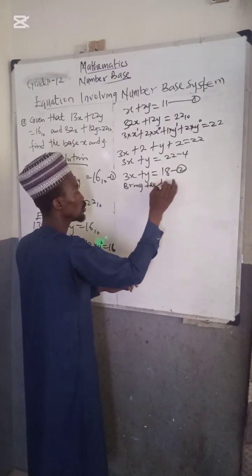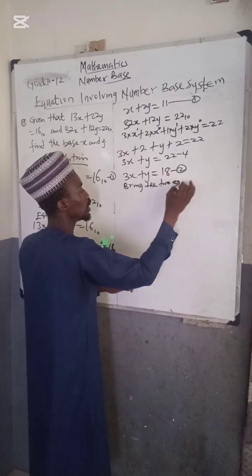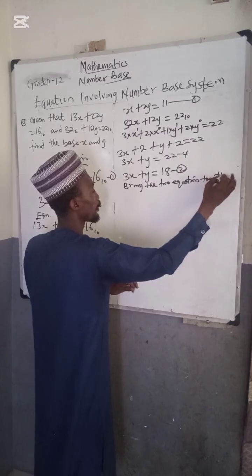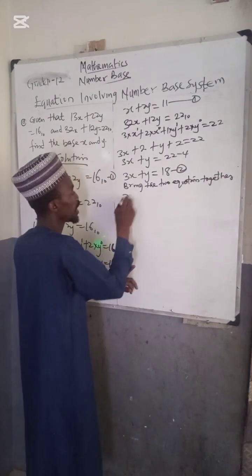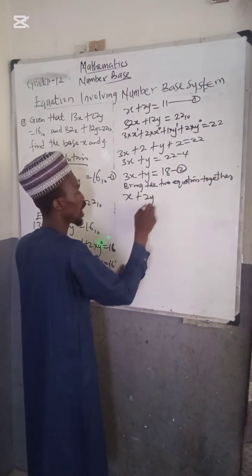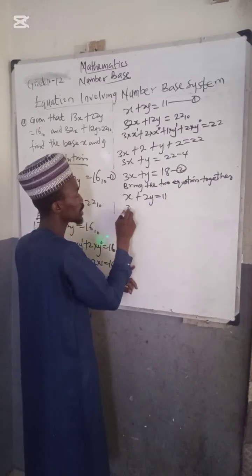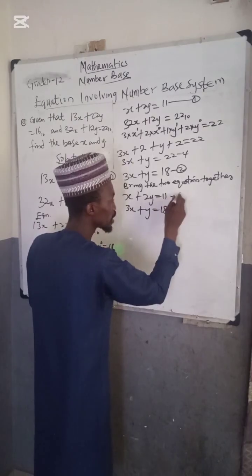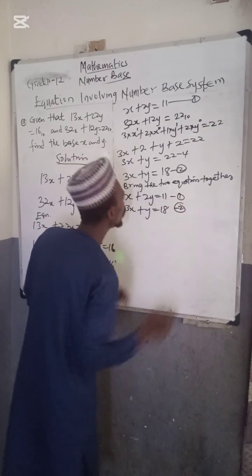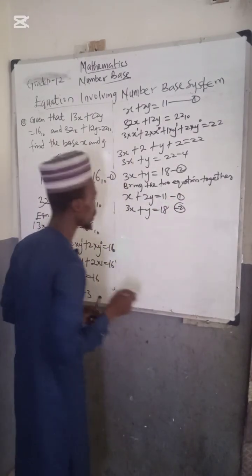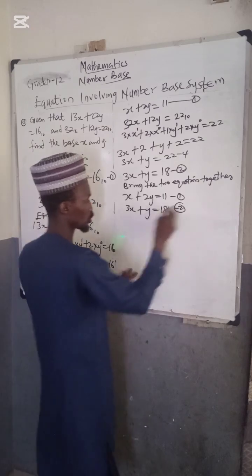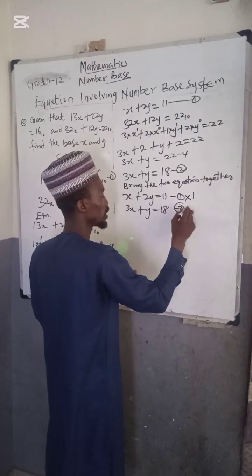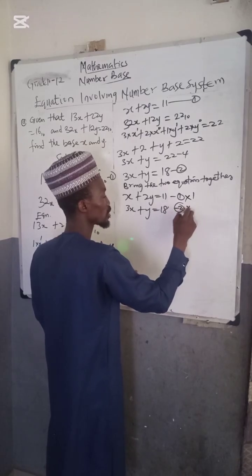Bring the two equations together. We have x plus 2y equals 11 and 3x plus y equals 18. We can use the elimination method. Eliminating y, we multiply equation 1 by 1 and equation 2 by 2.